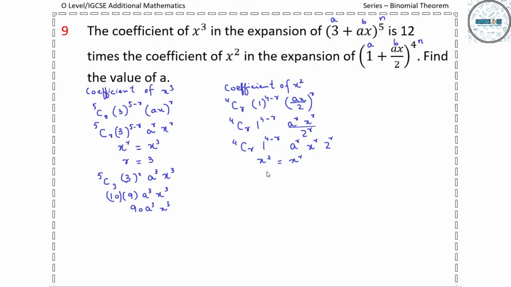So the value of r is 2. We'll substitute this value of r. We will get 4C2, 1^(4−2) which will remain 1, a^r is a squared, x^r is x squared, and 2^r is 2 squared.